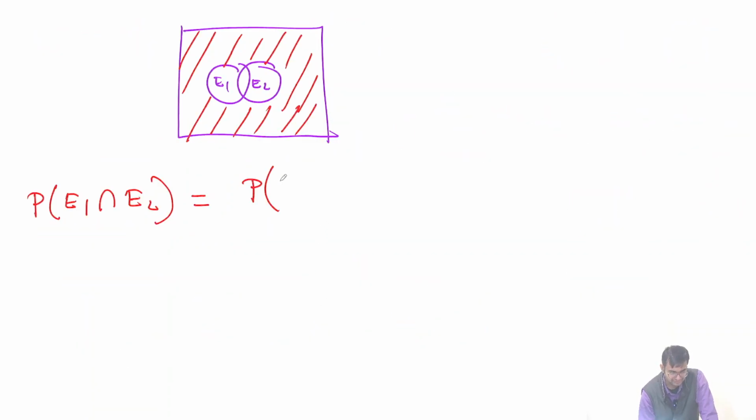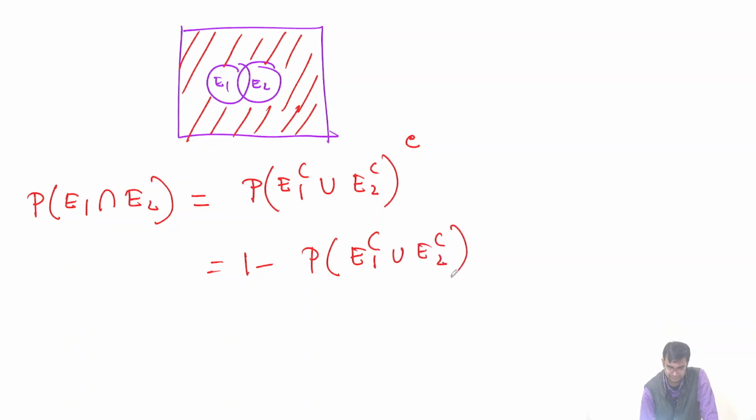So E1 not occurring union E2 not occurring, and the complement of that. Right? Which is equal to 1 minus the probability of E1 not occurring union E2 not occurring. Right? This is fine.